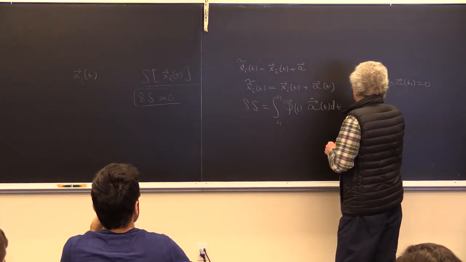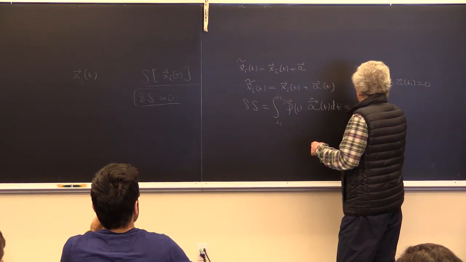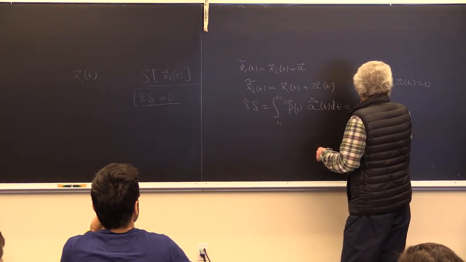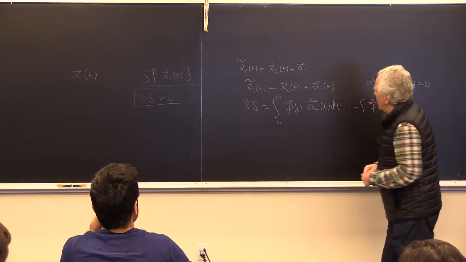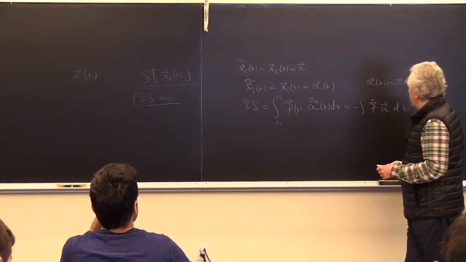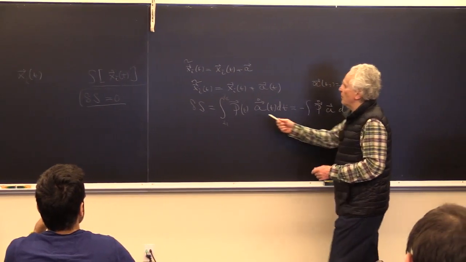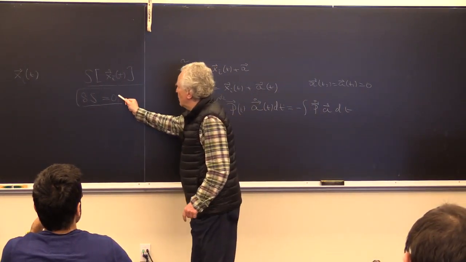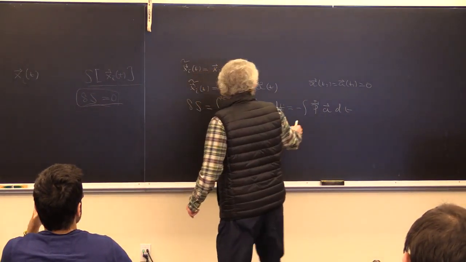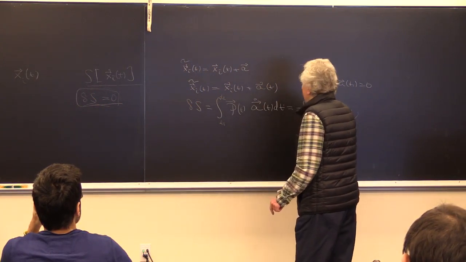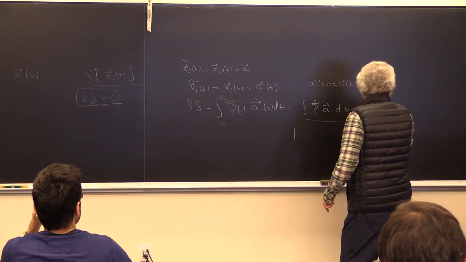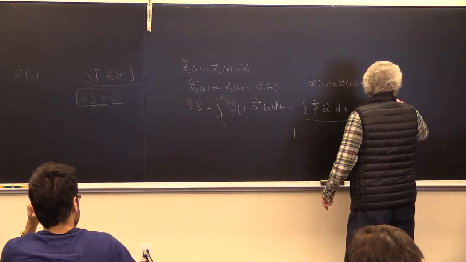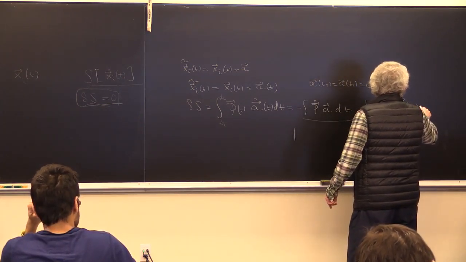Anyway, if you have this condition, we can rewrite it in this way. And from this formula, it follows that this is 0, and a is an arbitrary function of t. So what follows from this is that p dot of t is equal to 0.